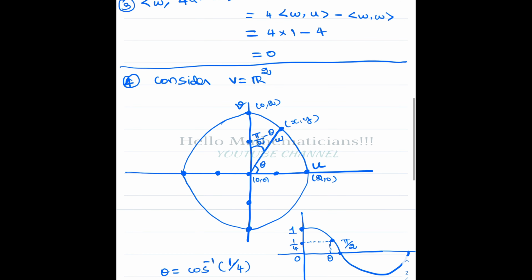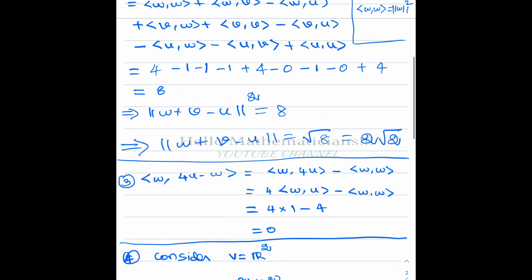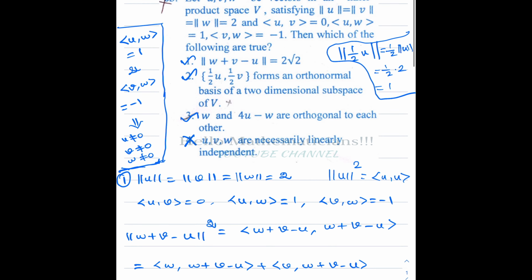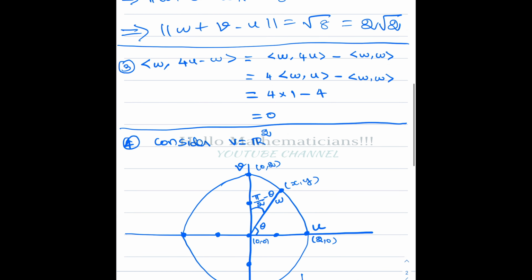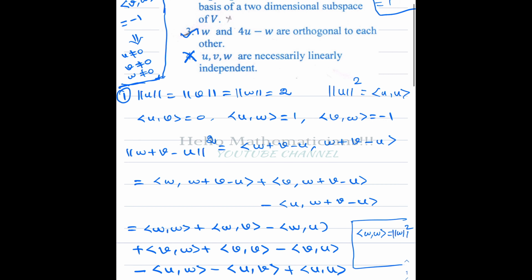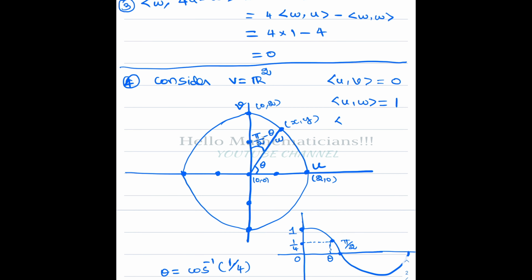Now I need three vectors u, v, w. Let me rewrite the conditions here. We need the inner product of u and v equal to 0, the inner product of u and w equal to 1, and the inner product of v and w equal to minus 1. We need three vectors in R2 satisfying these conditions.